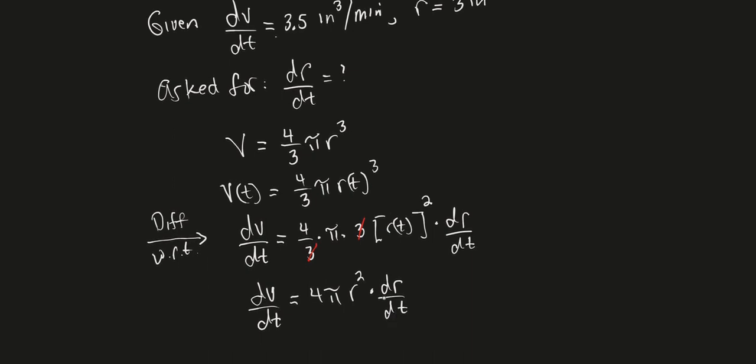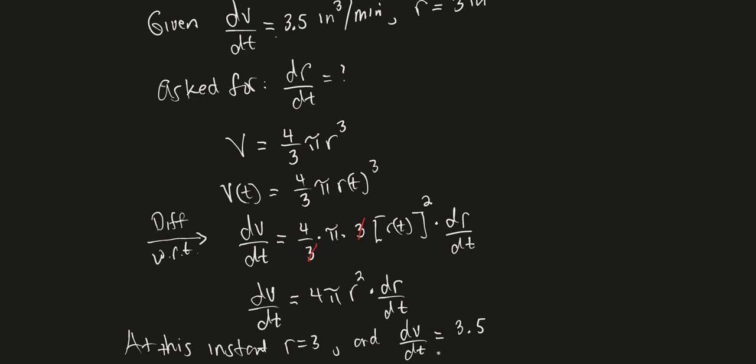So at this instant, r is equal to 3. I don't even need the volume at this time, right? I don't need V, I just need to know the radius and the rate of change of the volume, and that's the 3.5.